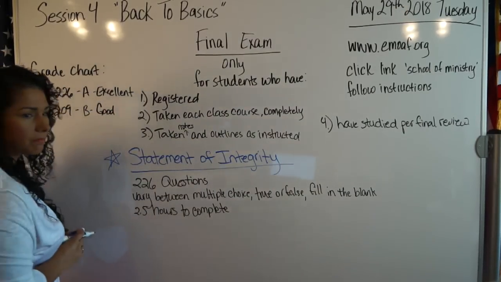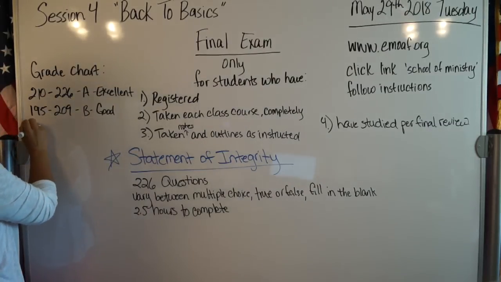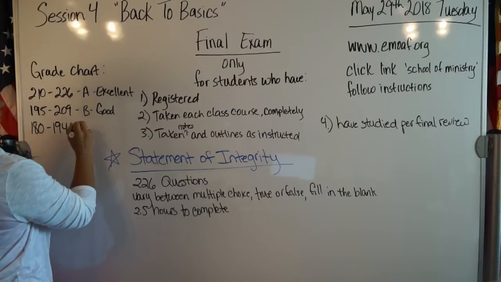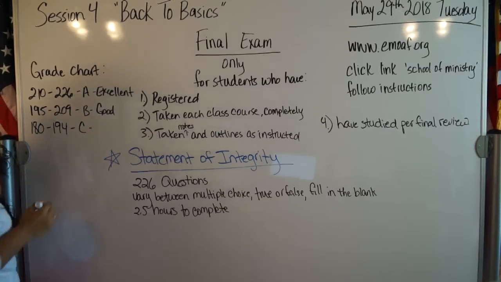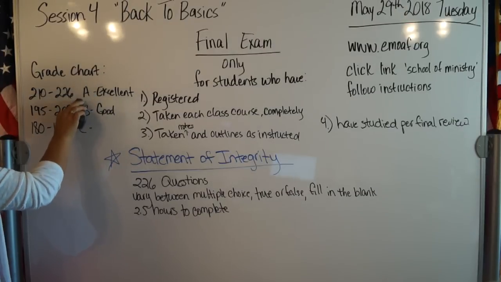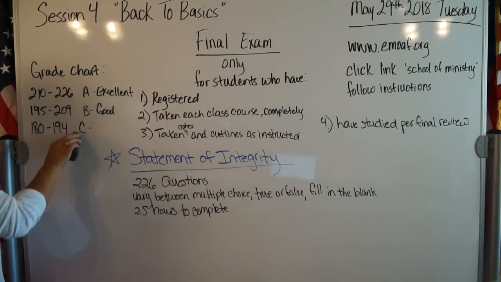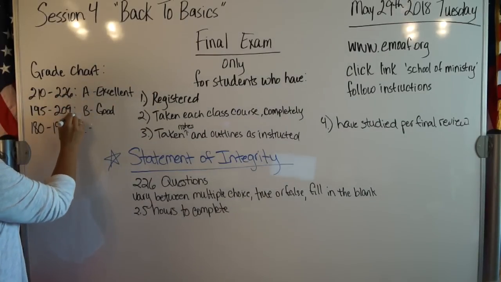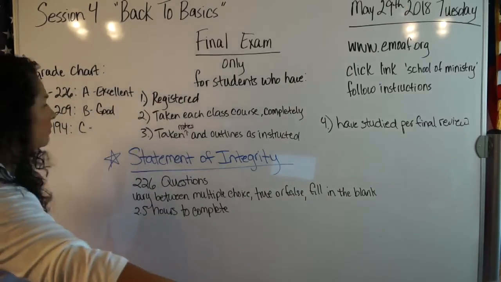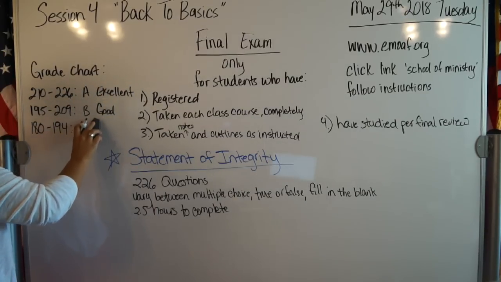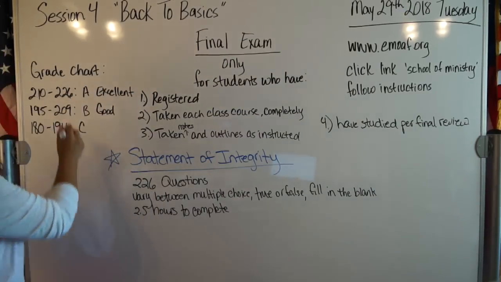If you answer 180 to 194 correctly, and I don't want it to look like it's a minus. It's not an A minus or a B minus. It's not that. So let me kind of redo this here. Again, there's no minuses in this.